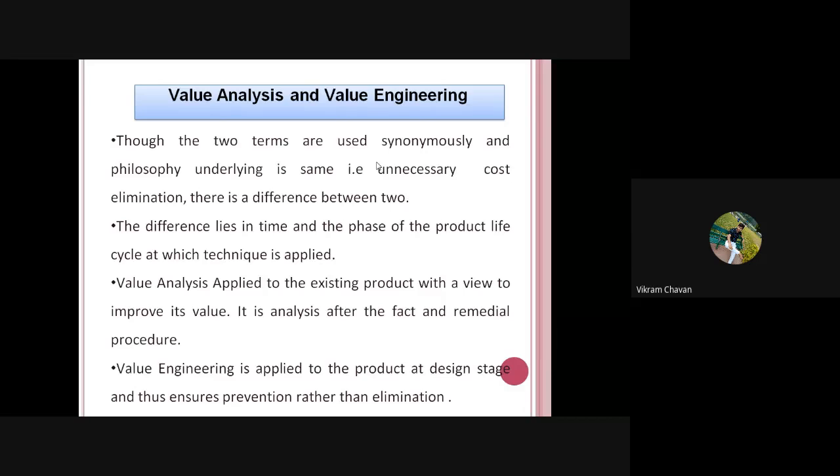Full stop. It is analysis after the fact and remedial procedure. Full stop.